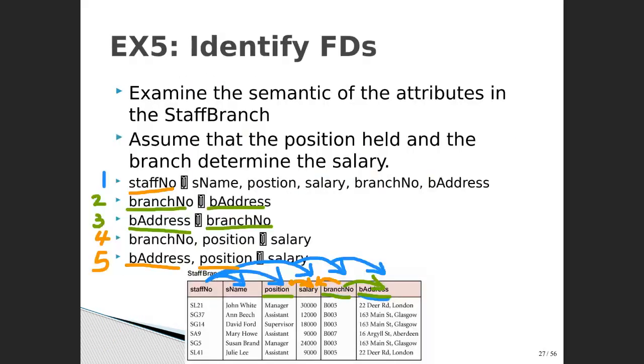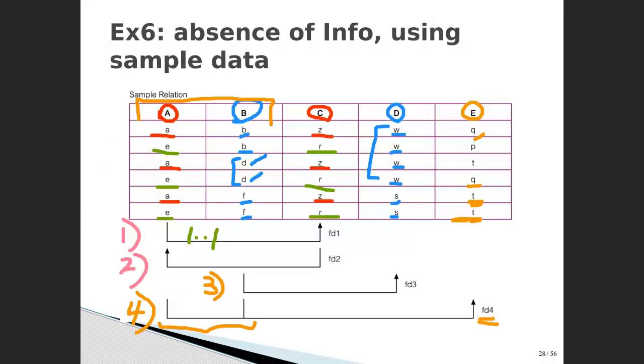See from the sample relation, A determines Z, and Z determines A. So it's full functional dependency because only one value finds only one value from the other attribute.